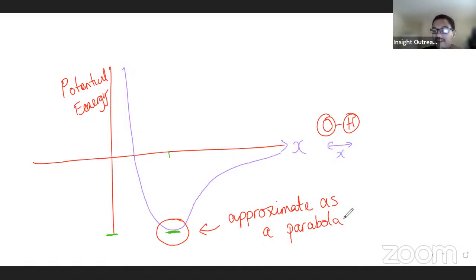So you could approximate this as a parabola around there. Can everyone see that? Does that seem believable, that you could approximate an x squared graph just near that region? Does anyone disagree? Okay, I'll take the silence as everyone agreeing it looks almost like an x squared graph there.